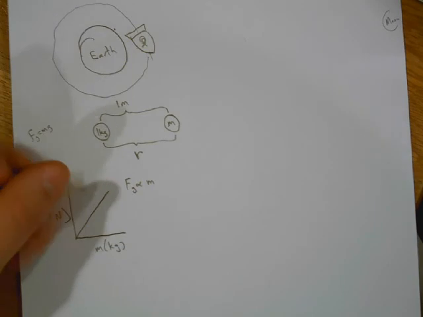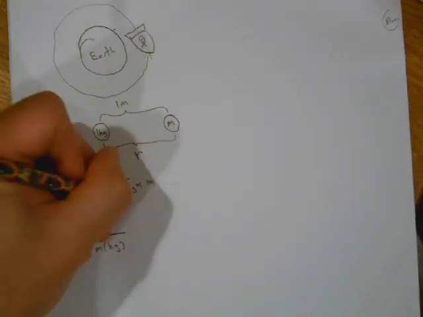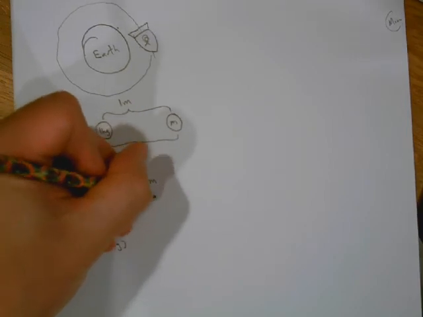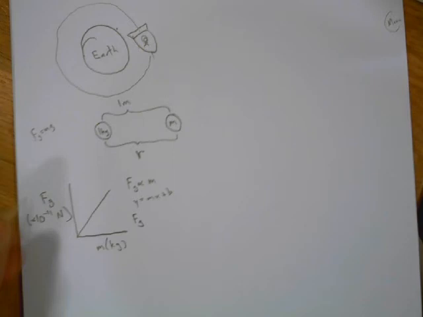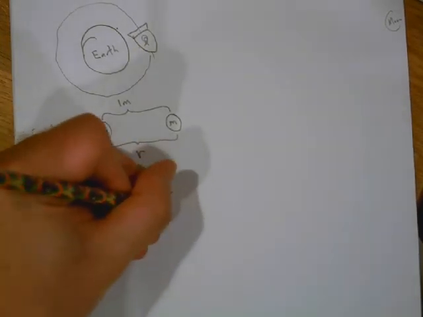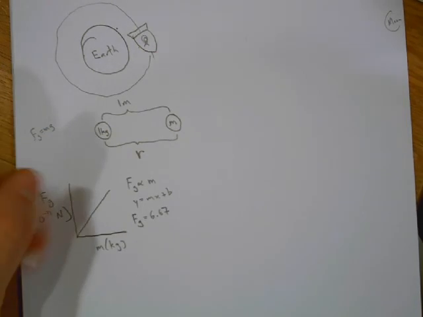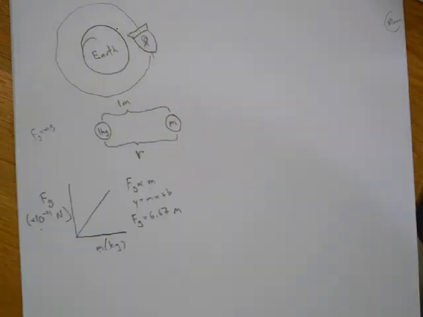If you do your y equals mx plus b, instead of y, I graphed force of gravity, but remember, the units for that were times 10 to the minus 11th. Your slope should have been 6.67, and we'll talk about that later. And then x was really mass.